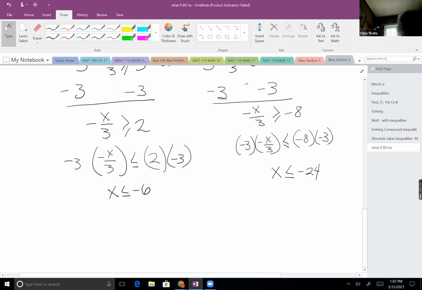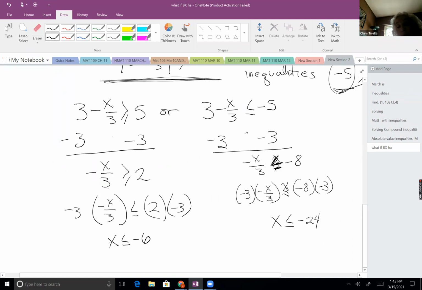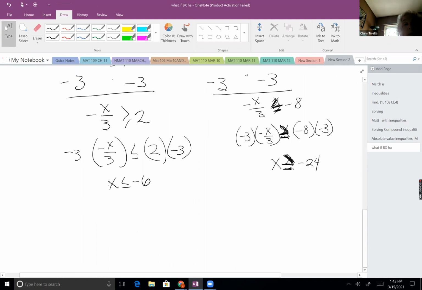Wait a minute, what did I do wrong here? This one should have been a less than. And then when I reversed it, it should have become a greater than. I think I scrolled up and I lost my original inequality. And so I get x is less than -6. -6 is the largest value.